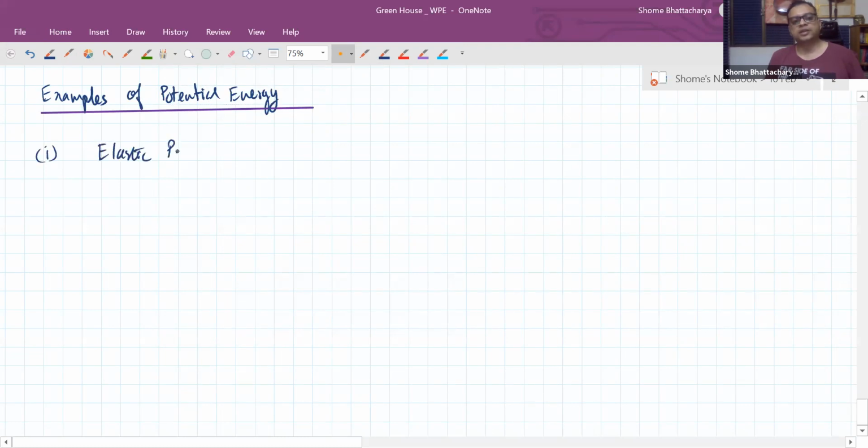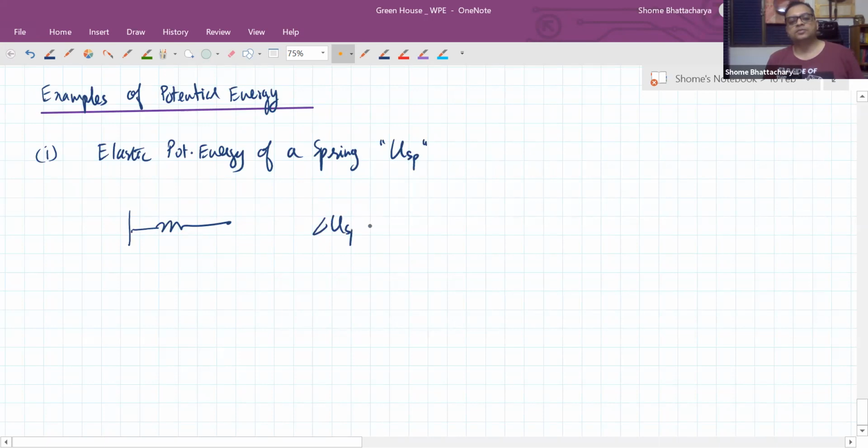So, elastic potential energy of a spring, which we can denote with the symbol U of the spring. As we just saw, delta U of the spring is negative of work done by the spring force.